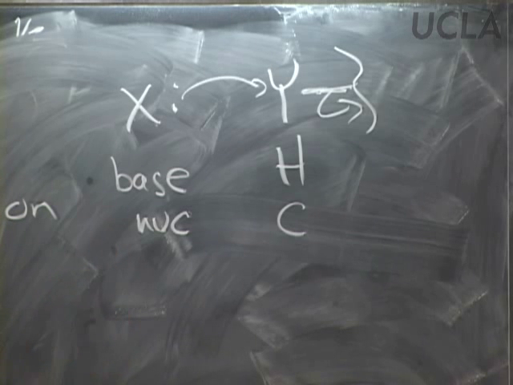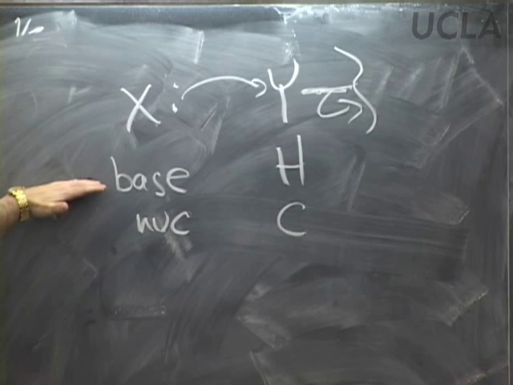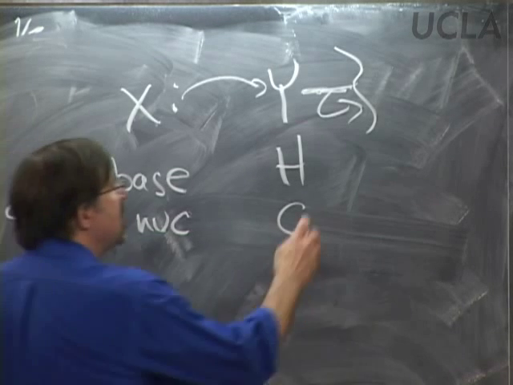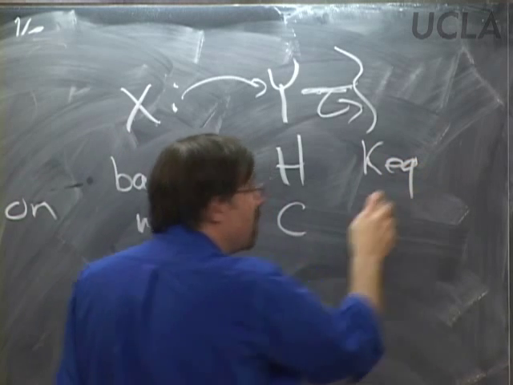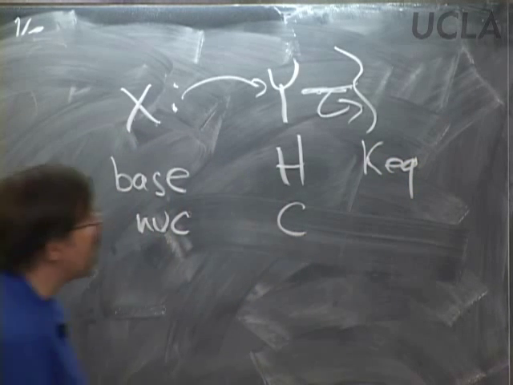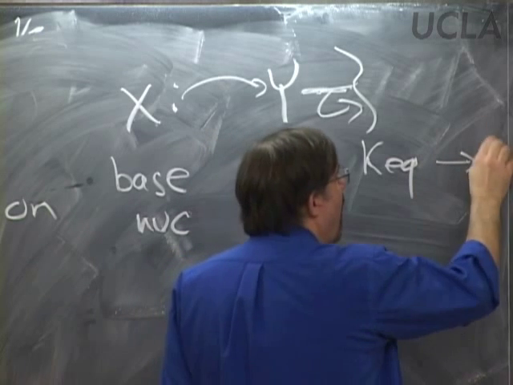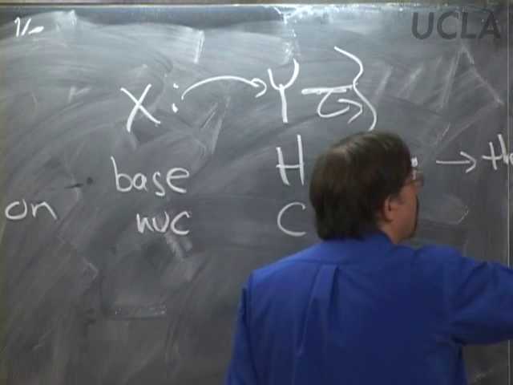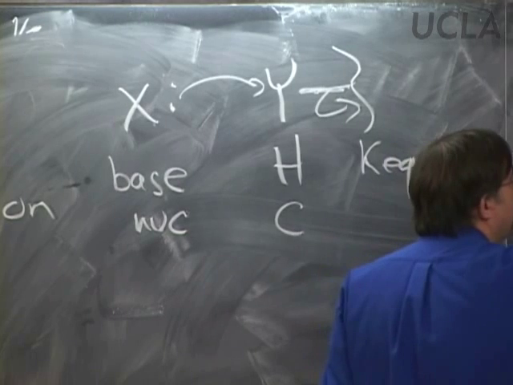Now, I say fundamentally, because it's not a perfect parallel. And the reason it's not a perfect parallel is because basicity actually is not measured by rate. Basicity is measured by the position of an equilibrium. That's what pKa's are. And so consequently, this is a thermodynamic idea.